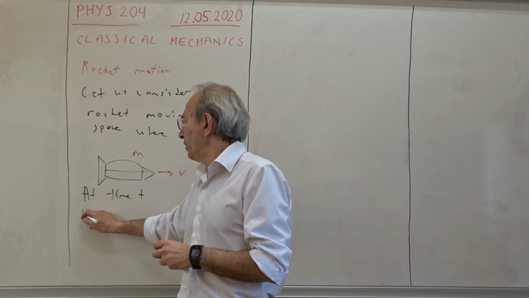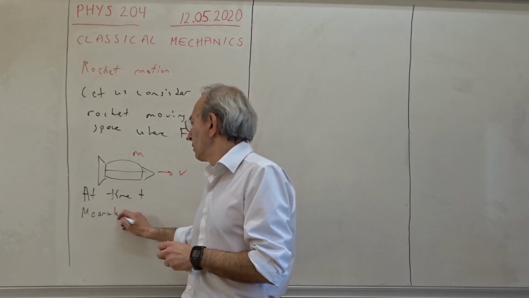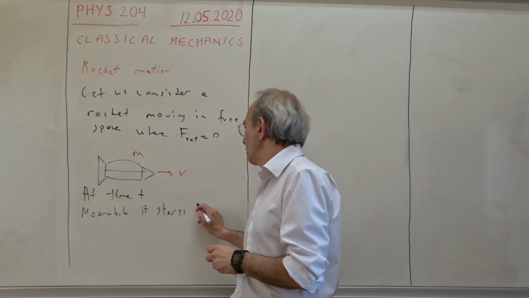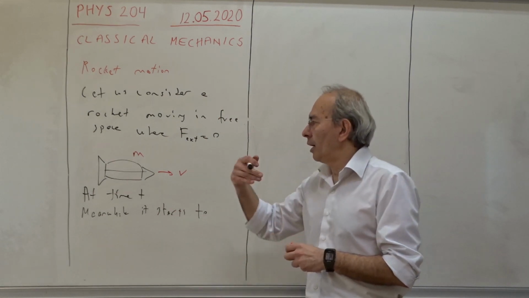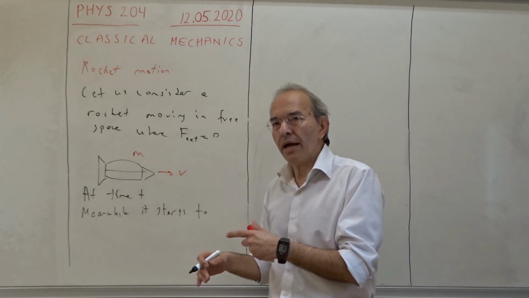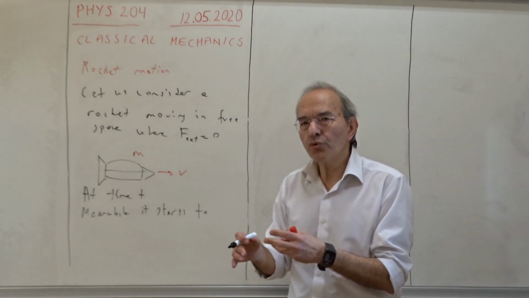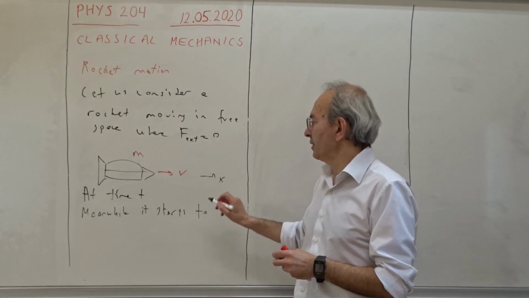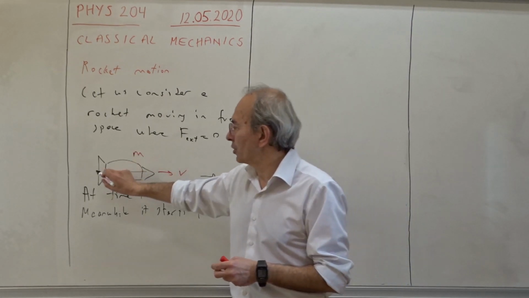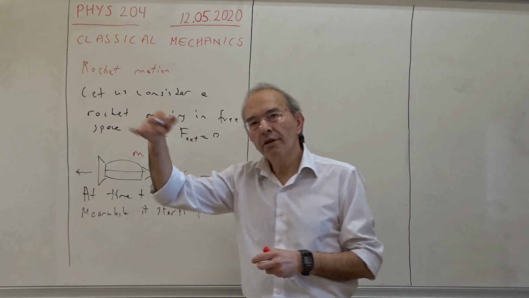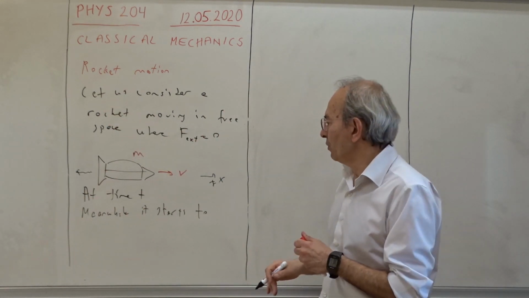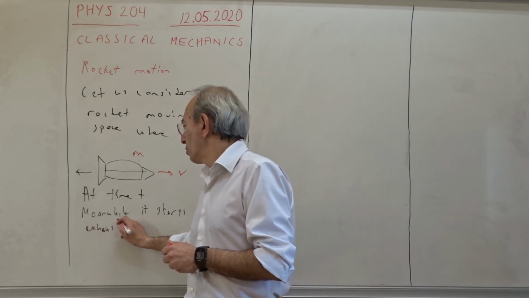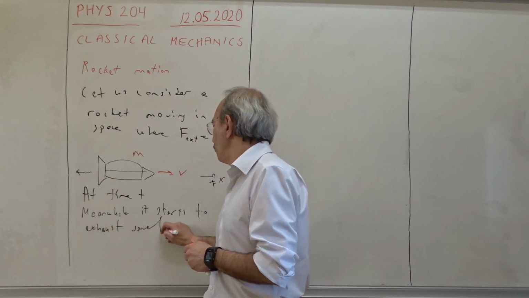Meanwhile, it starts to send away from its back some fuel in the negative x direction. If this is our positive x-axis, then in the negative x direction some fuel will be thrown backward. Meanwhile, it starts to exhaust some fuel.